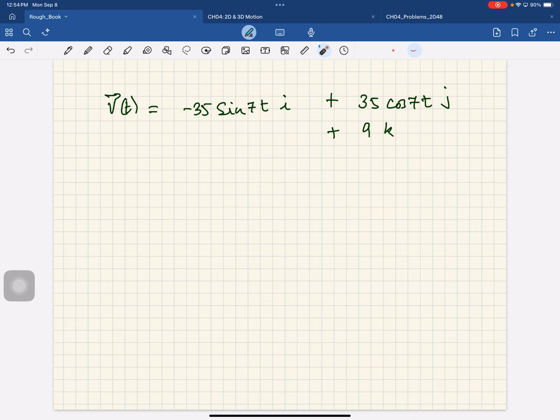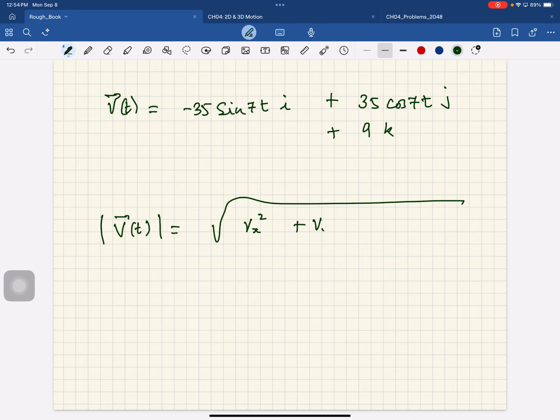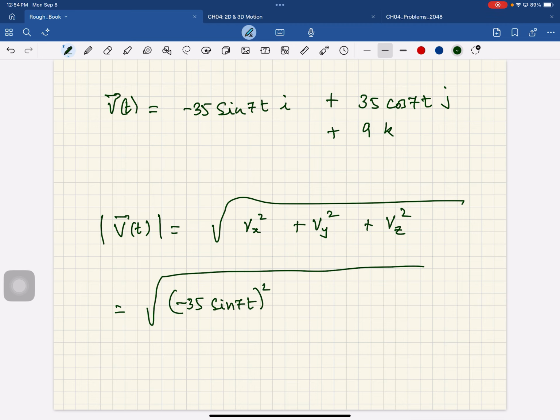The instantaneous speed would be the square root of vx squared plus vy squared plus vz squared, which would be minus 35 sine 70 squared plus and so on.